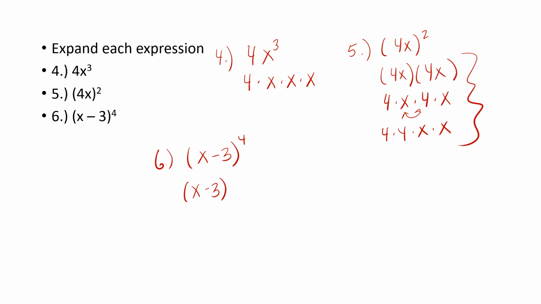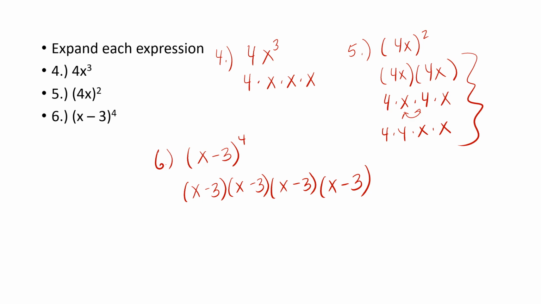And so we have x minus 3 times x minus 3 times x minus 3 times x minus 3. Now, for the purpose of this video and where we are in our study of exponents, we're not going to try to take that any further and make it look like number 5. We're not going to do that because that involves some math that's a little bit further down the road. So this is what we would do with the expansion.